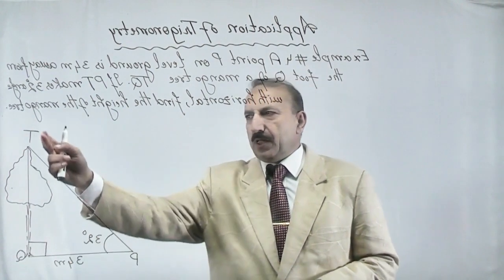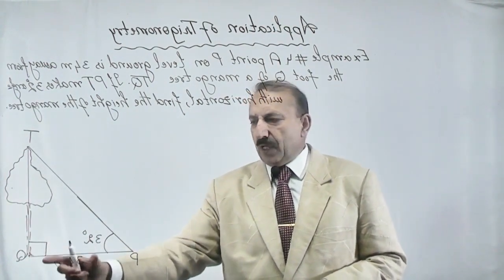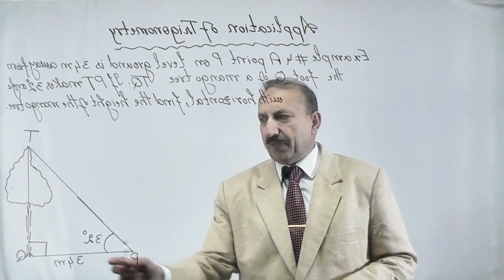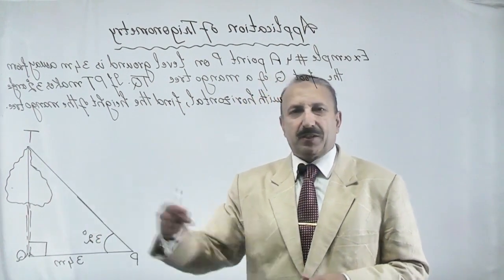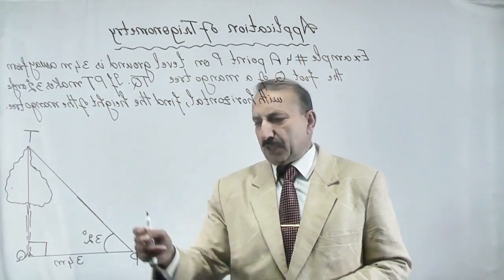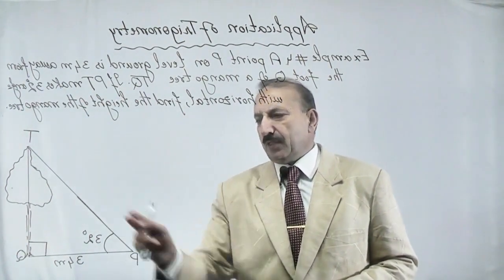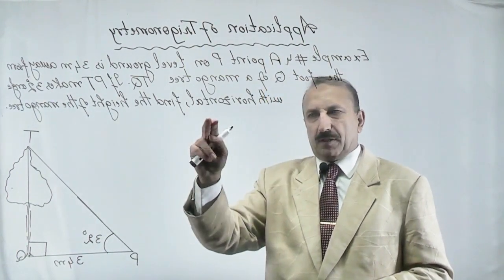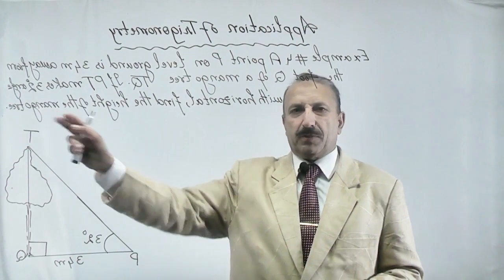Here is the mango tree TQ, and this point is 34 meters away. When I draw it, it becomes a right angle triangle. If this PT makes a 32-degree angle with the horizontal, find the height of the mango tree.